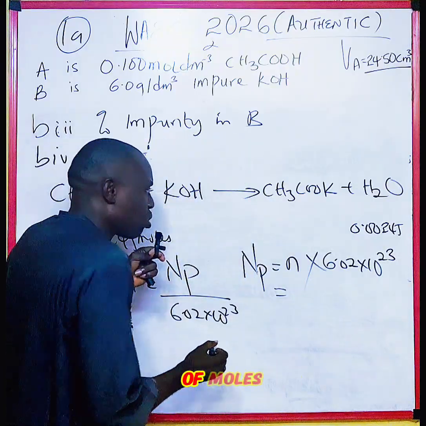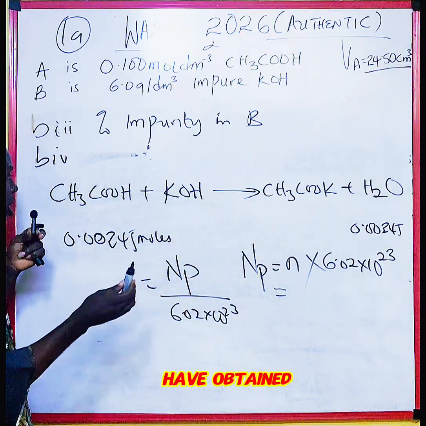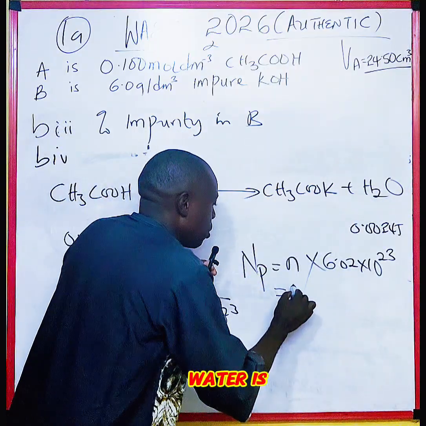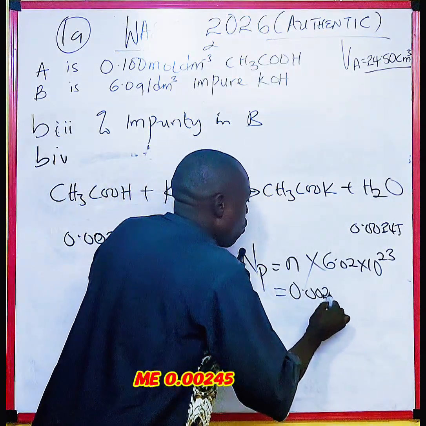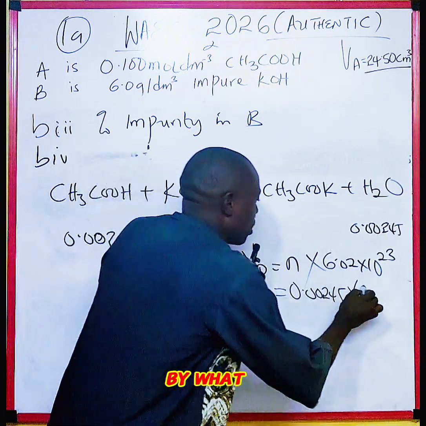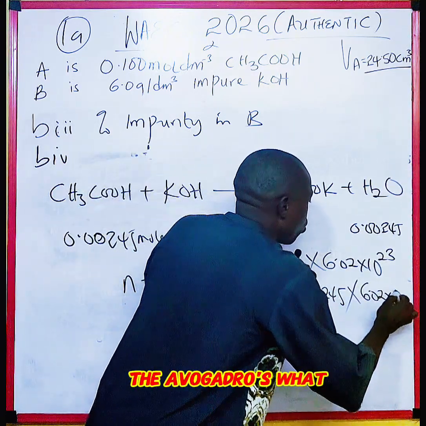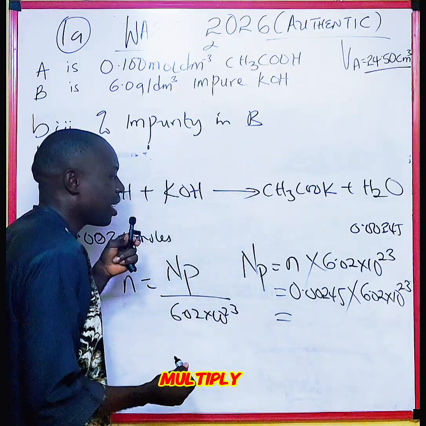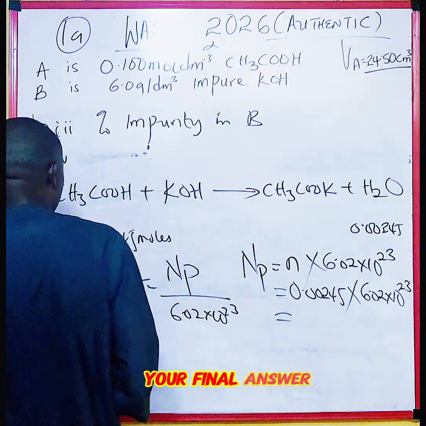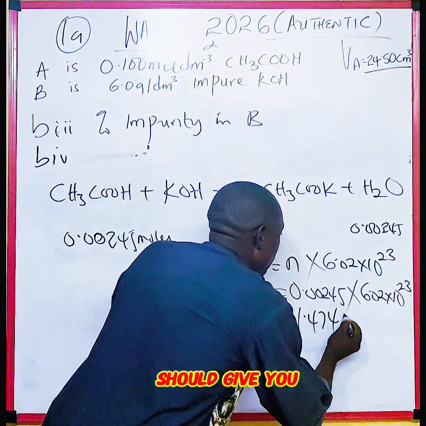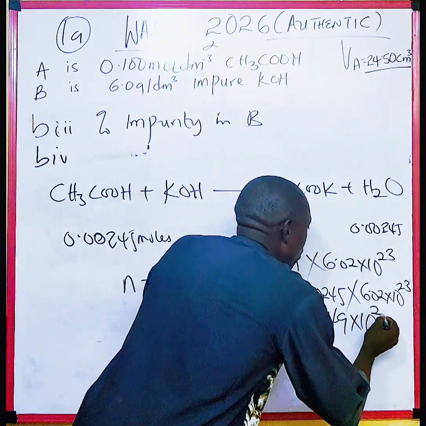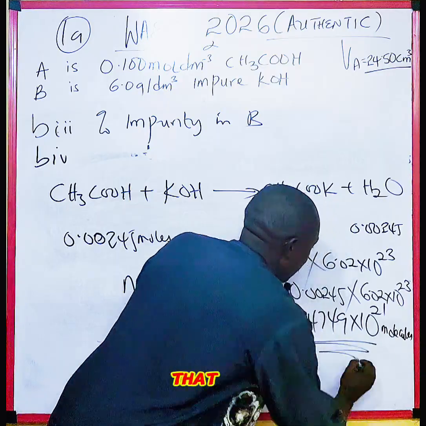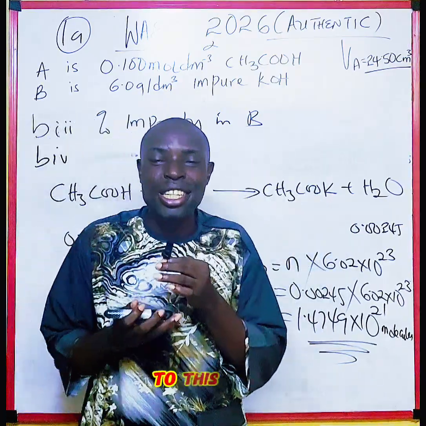So 0.00245 multiplied by Avogadro's number gives the final answer, 1.4749 times 10 raised to power 21 molecules. That is the final answer to this question.